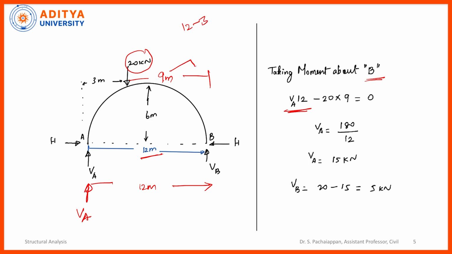So 20 into 9 equals 0, because the hinged support is there, the moment at support B is 0. So we got VA equal to 180 by 12, VA is equal to 15 kilonewton. We got the reaction VA. Now what is the total load? The total load is 20 kilonewton, minus RA we get the RB value.